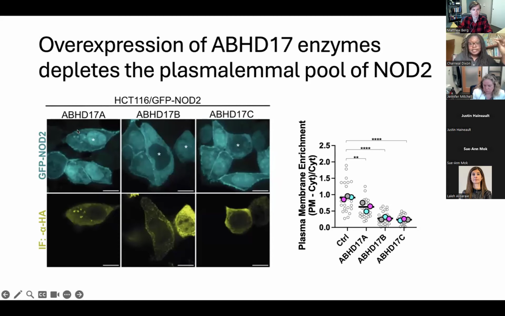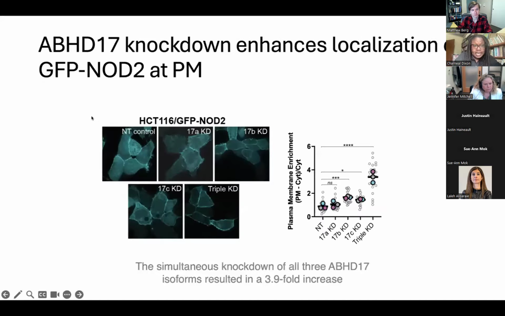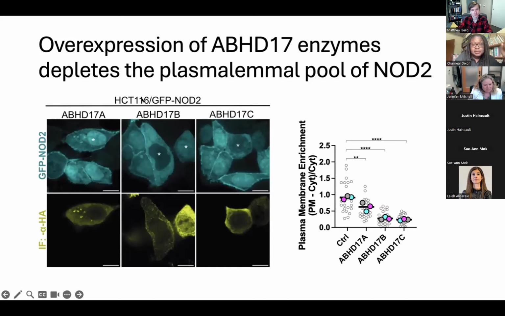So we expected overexpressing the enzyme that's capable of depalmitoylating NOD2 to similarly reduce the fraction of GFP NOD2 that we would see on the membrane, if that makes sense. So we found that any of the 3 ABHD17 isoforms was able to accomplish this, with 17B and 17C appearing to be the most effective. And I've highlighted with an asterisk the cells that were co-transfected with both the thioesterase and the GFP NOD2.